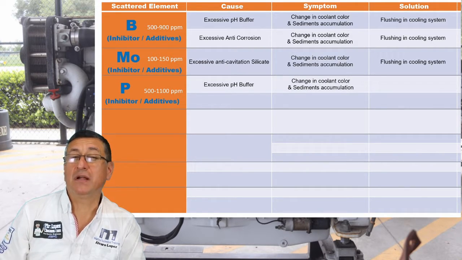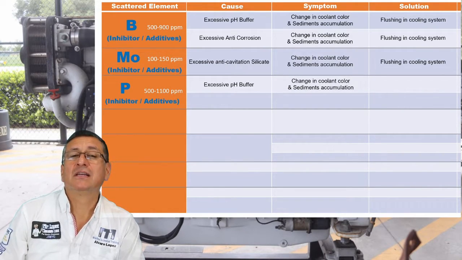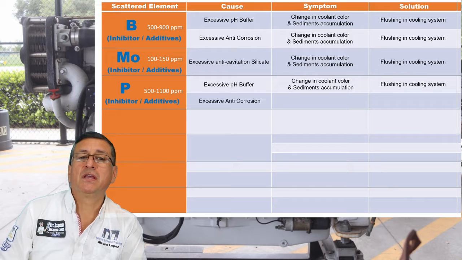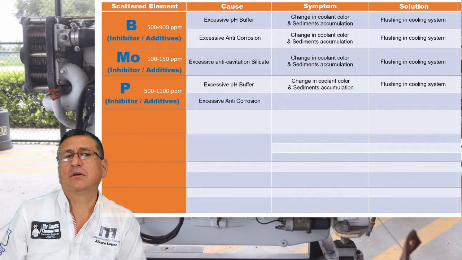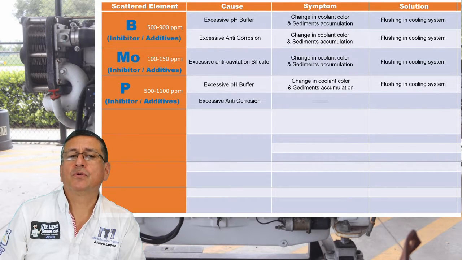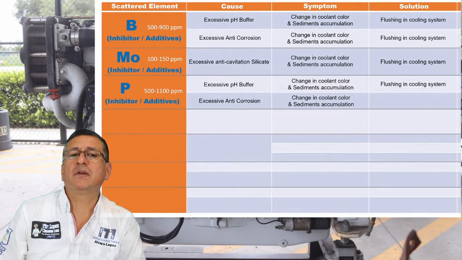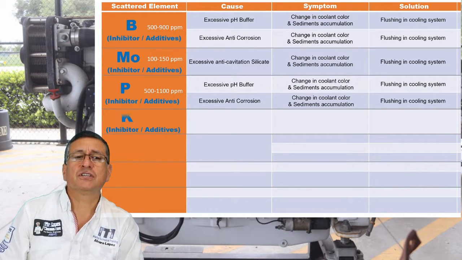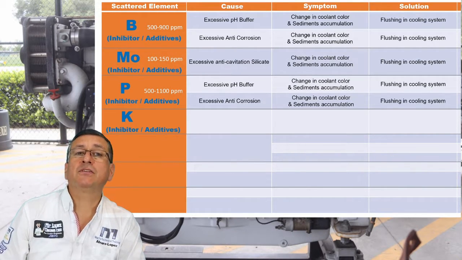The color change normally is like a brown color, and with too much accumulation of sediments, and you need to flush the system. Also because the additives for anti-corrosion produce excessive amount of sediments and change in the color, and once again the solution is flush the system. Other inhibitor is potassium.